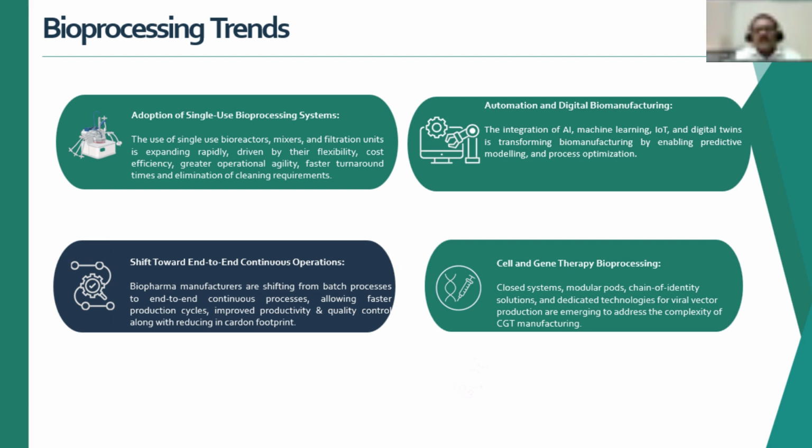And the other trend is closed systems: development of specialized bioprocessing systems such as closed systems and automated systems, specifically for CGT manufacturing, is also one of the trends with respect to the bioprocessing workflow. So this completes session one related to the overall market for bioprocessing, drivers, trends, and how the market has grown.